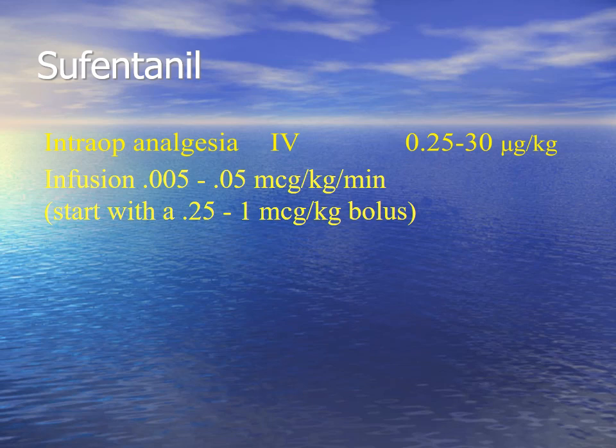If I'm 100 kilograms and you're going to put me to sleep and use sufentanil as your analgesia for the case, instead of fentanyl, let's say I weigh 100 kilos. If the induction dose is 1/4 to 1 mic per kilo, then the minimum amount you need to give me is 25 mics. It doesn't matter whether it's diluted or what the concentration on the vial is. You give me 25 mics minimum.